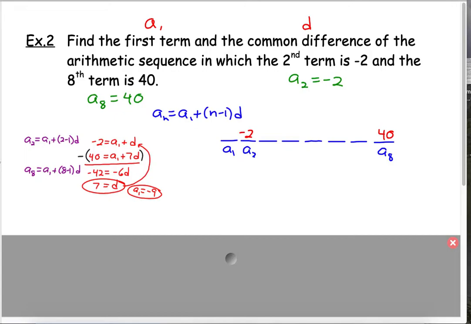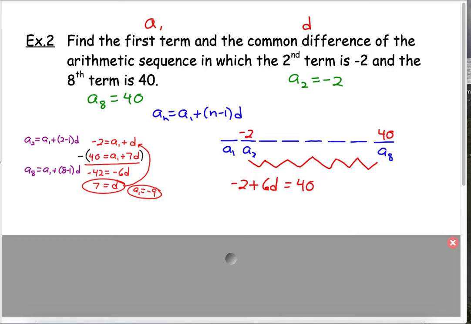Because to get from a sub 2 to a sub 8, I'm adding the common difference once, twice, 3 times, 4 times, 5 times, 6 times. So if I take negative 2 and I add the common difference 6 times, I should get to 40.